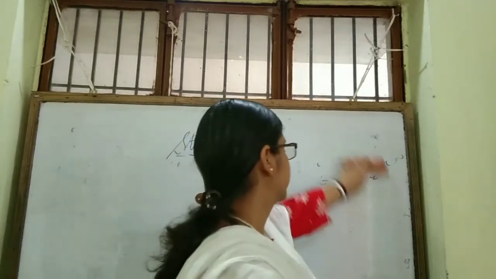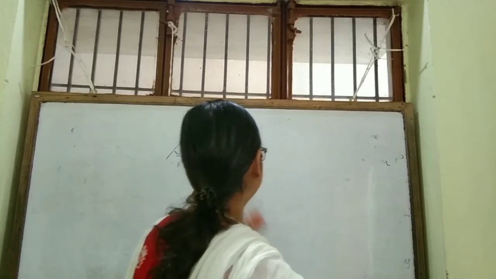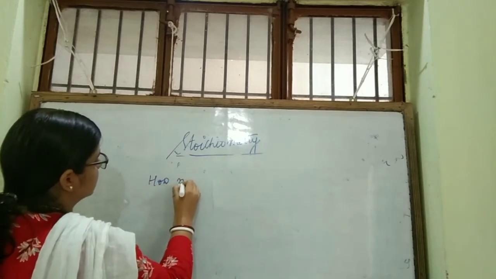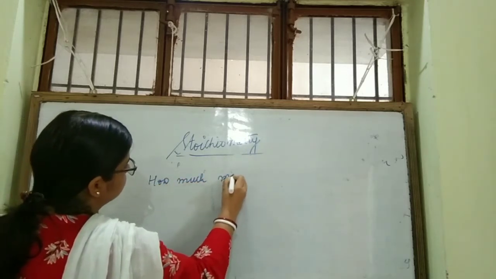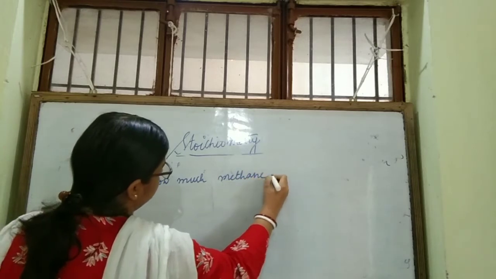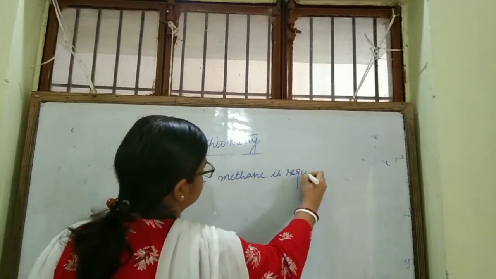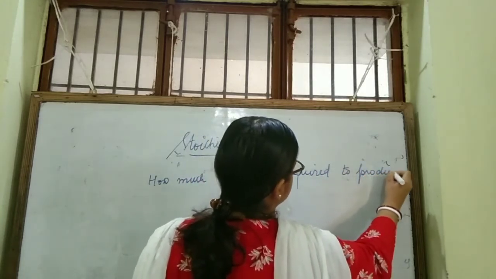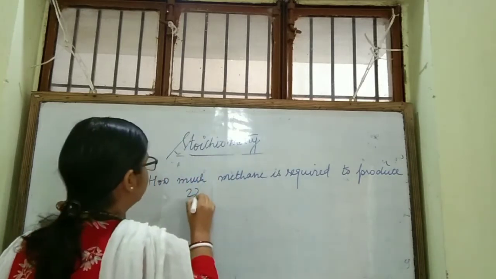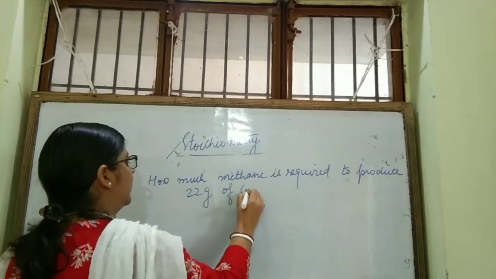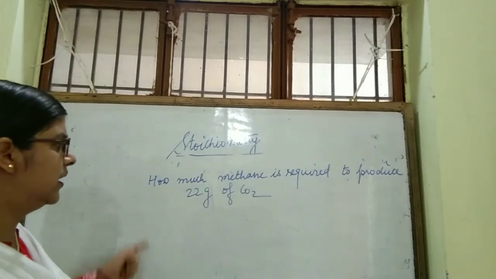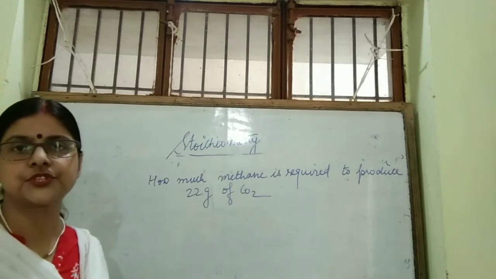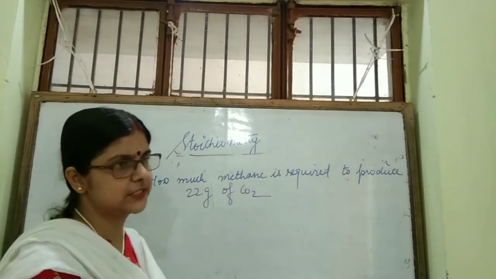If anyone asks, how much methane is required to produce 22 grams of carbon dioxide?